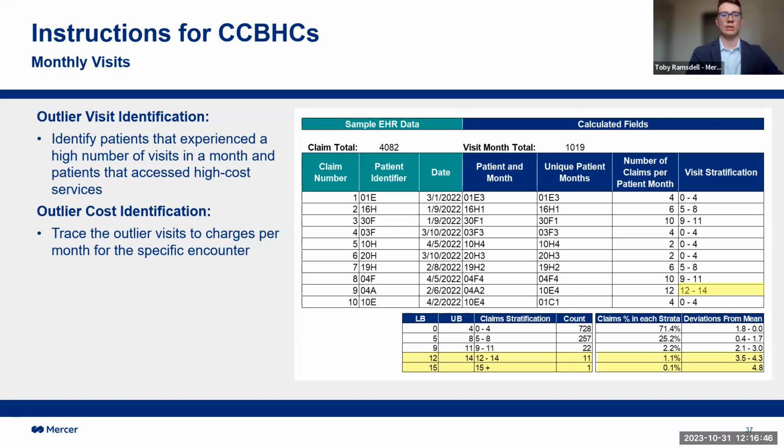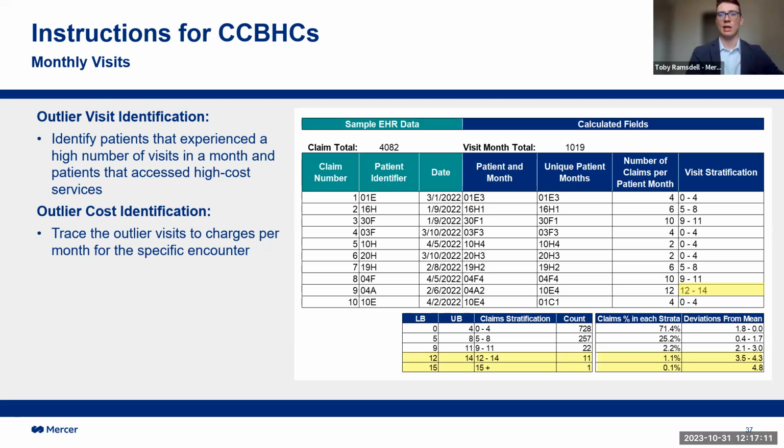Typically in statistics, an outlier is considered 3 deviations from the mean. So I've identified some claims strata. In this case, anything over 12 visits in a month, or 12 encounters, still counted as 1 visit, but 12 patient encounters at the CCBHC for the same patient would be beyond 3 standard deviations from the mean.